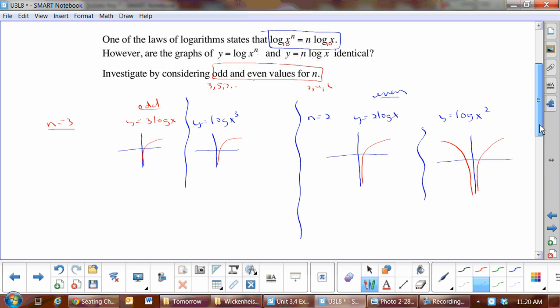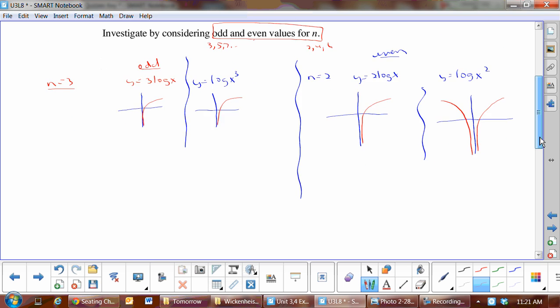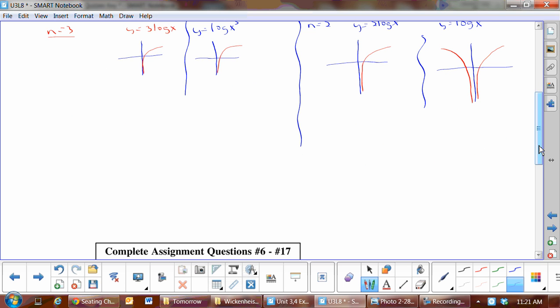They will say, like it could even be, when does y equals log x to the n, n log x, provide different graphs. Okay? And it may be, when you change the base, they're going to say, doesn't work though. It is when you change the n. Okay? So, just like this.